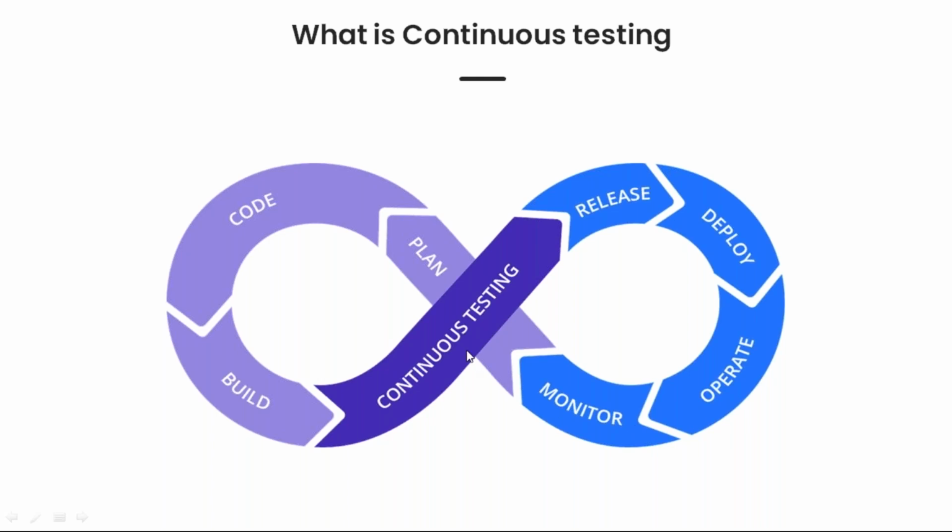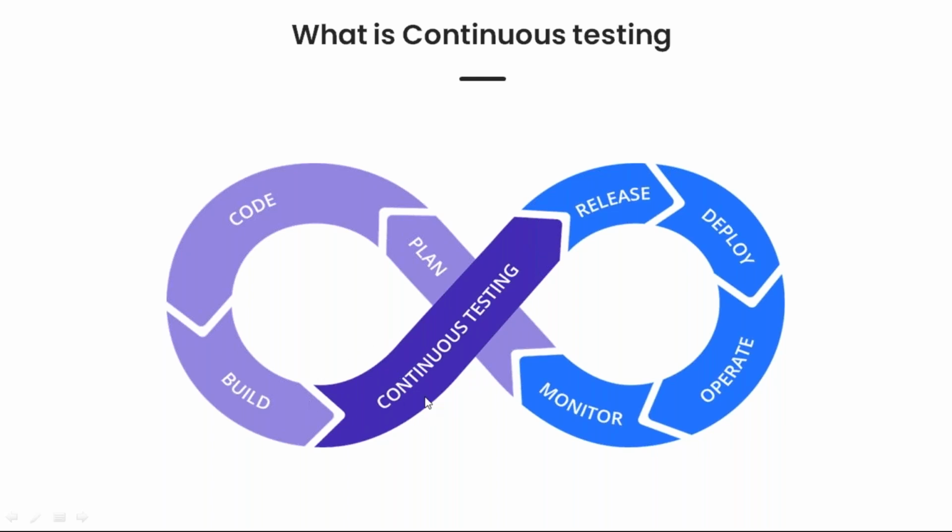This is what the DevOps story is all about, which most of us might be aware of. So continuous testing is a bridge between development, delivery, and operations. This is the place where continuous testing happens.